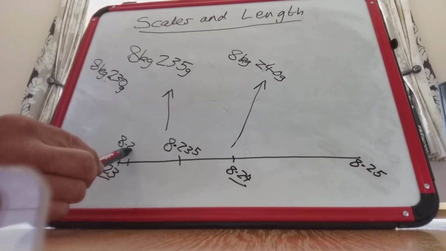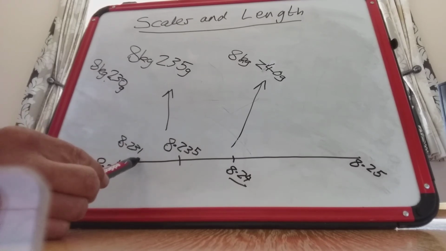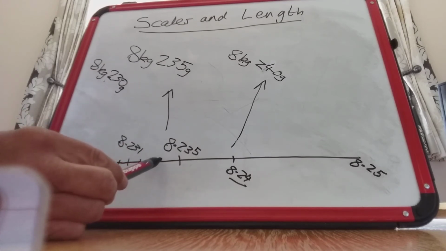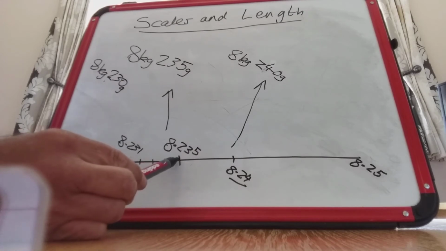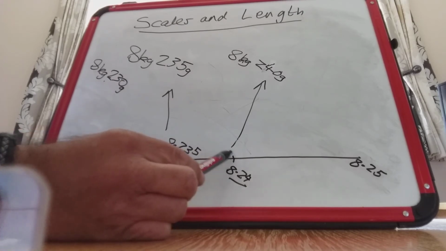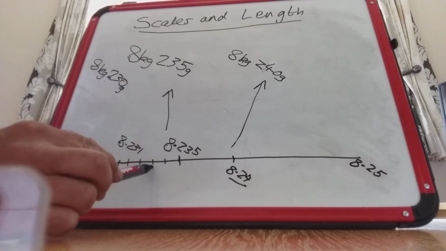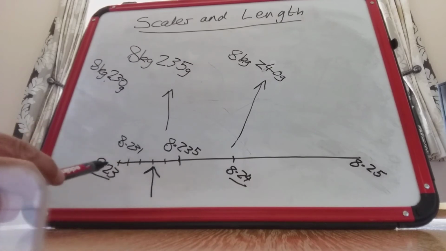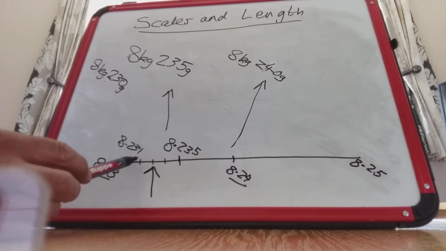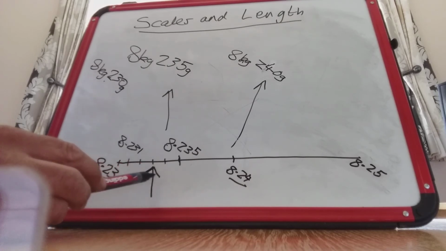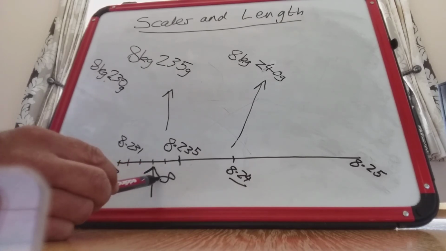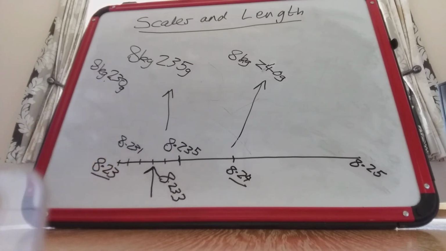8.231, 232, 233, 234, 235 as we've got it, and then so on. And then if there's an arrow just here, for example, then we know that that will be 8.231, 232, 233, 8.233, so that's where that arrow is.